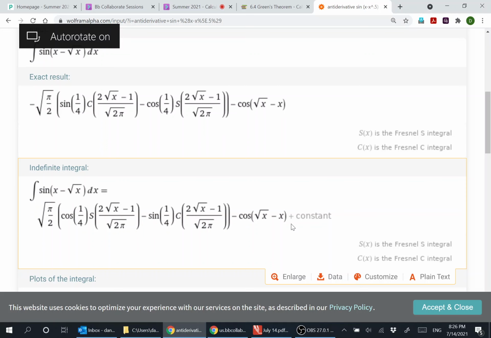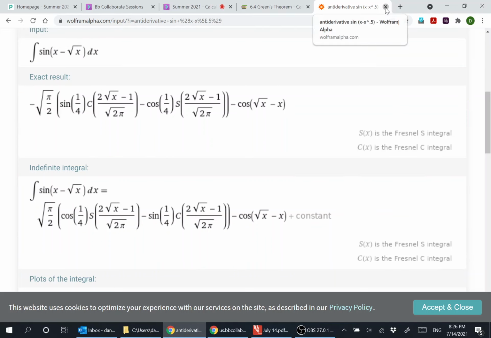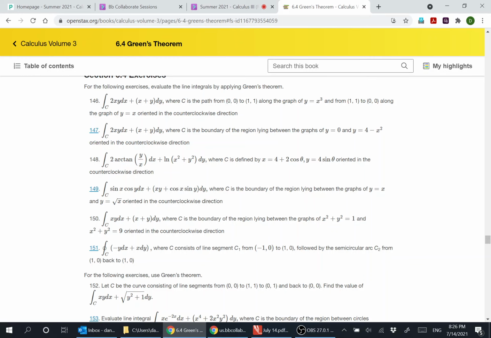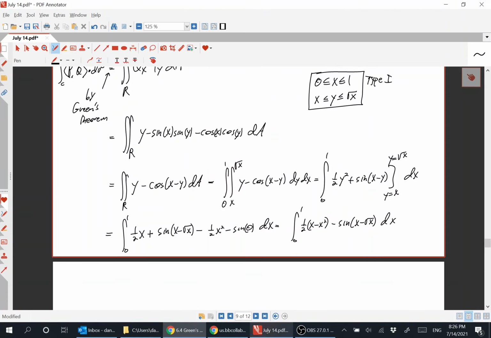So there's obviously a mistake in this thing here. So what number was this? We just did 149, so not doable. So can't calculate the antiderivative. I didn't mark this one on the syllabus last time.